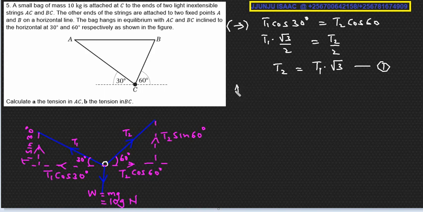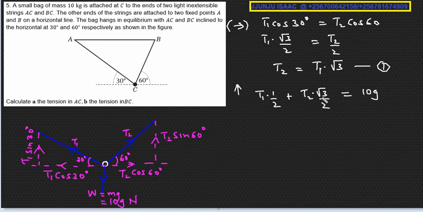Now solving vertically, we have T2 sine 60 and T1 sine 30. So this is T1 sine 30, that is a half, plus T2 sine 60, that is T2 root 3 over 2. We'll balance the weight, that is 10G. This G is 9.8.